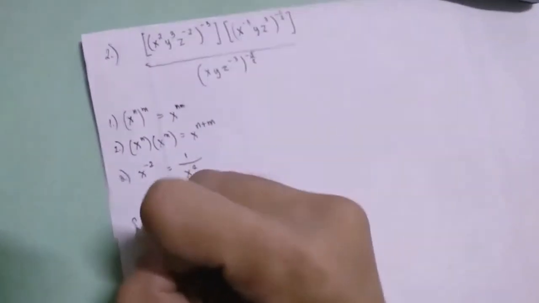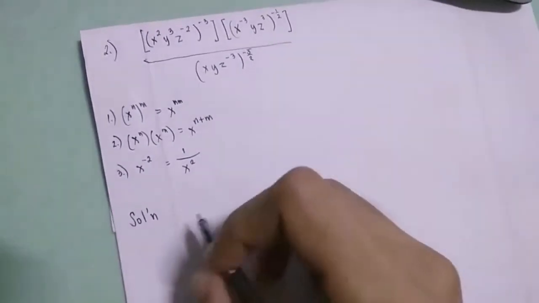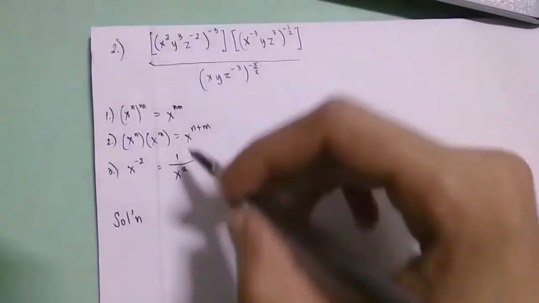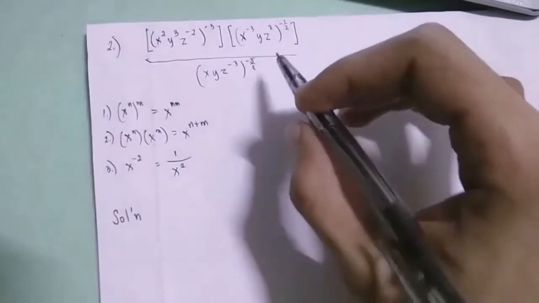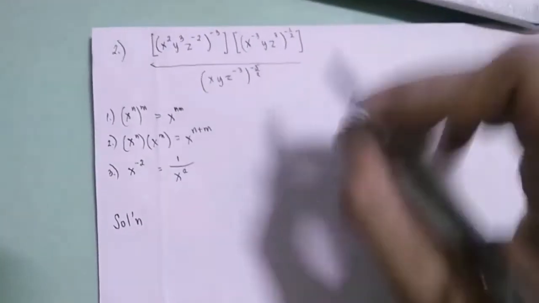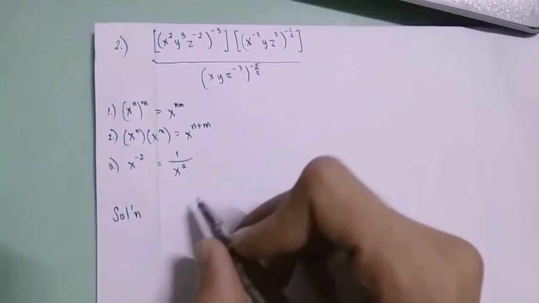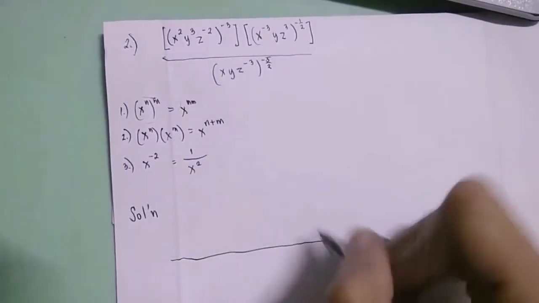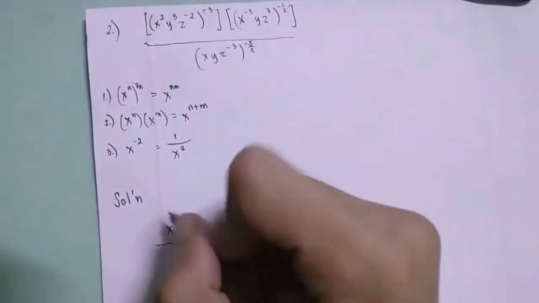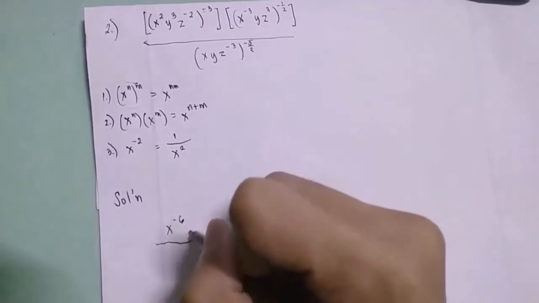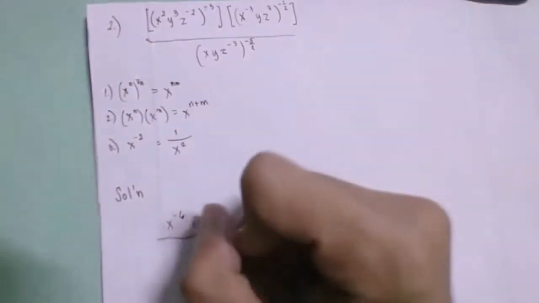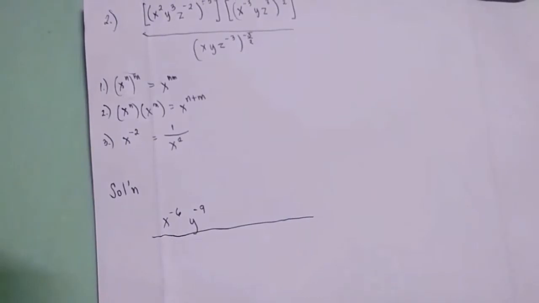So let's proceed to solution. Let's use this law for the terms in the numerator and the denominator. So 2 times 3, negative 6, then y, 3 times negative 3, negative 9, because when we're multiplying different signs, the outcome is negative.